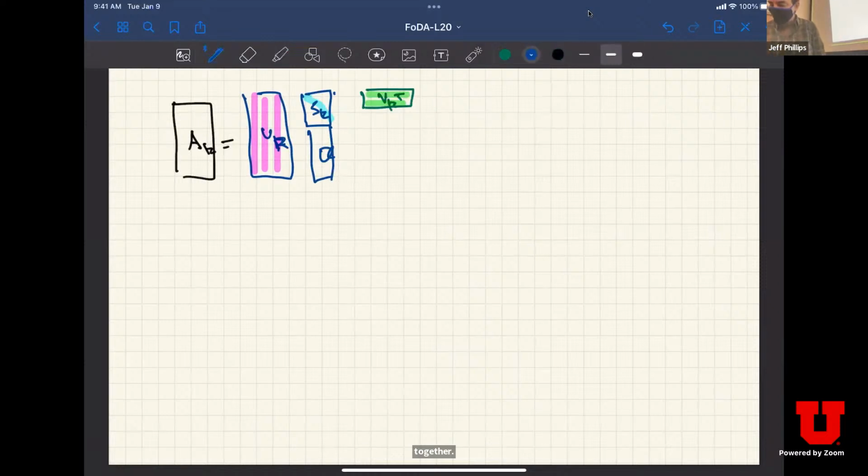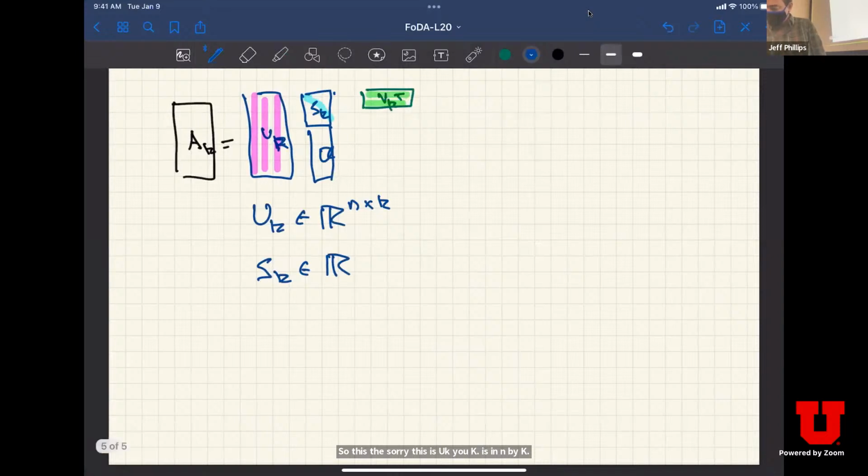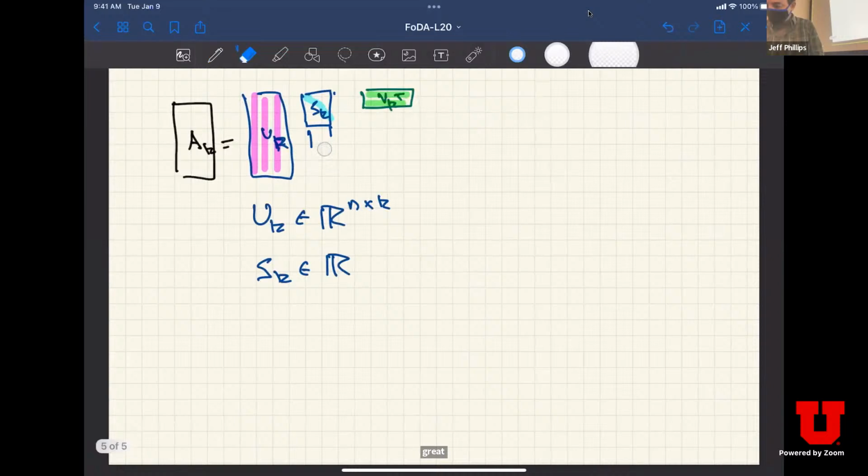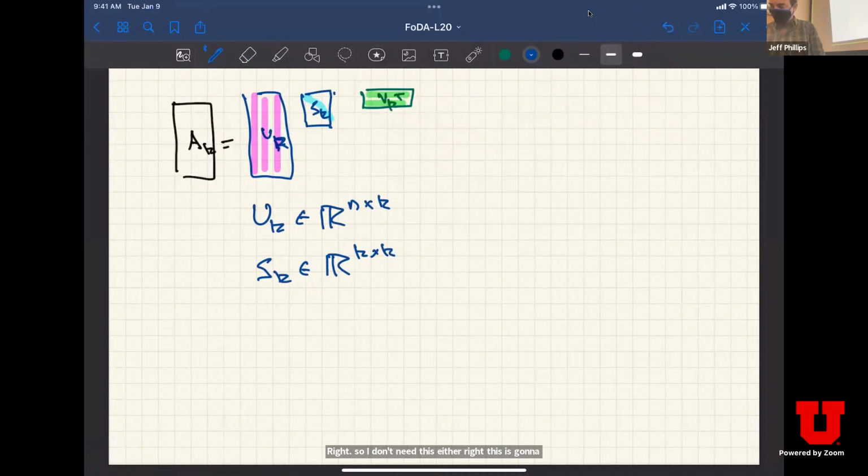U_k is in n by k, S_k is k by k, and V_k transpose is in k by d.